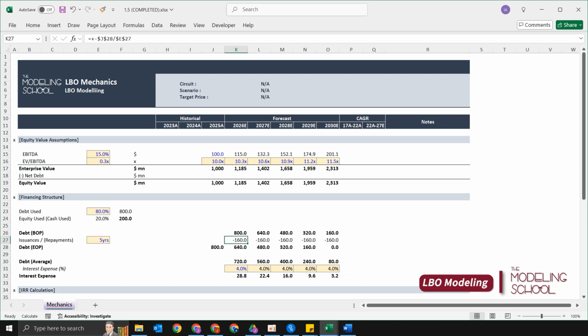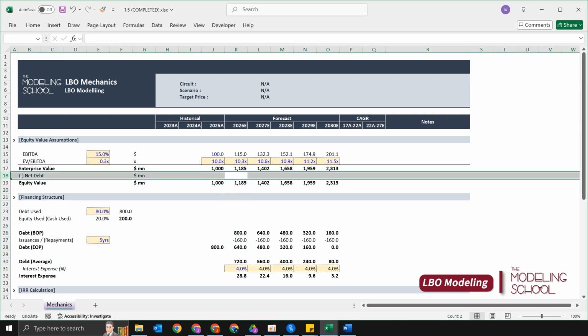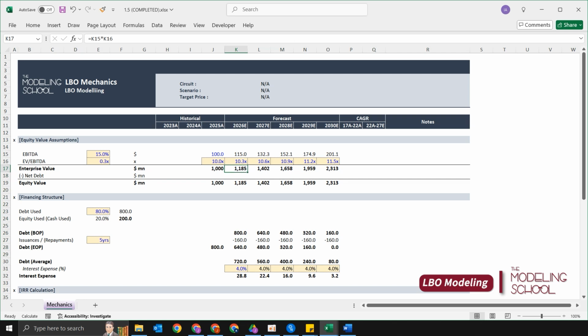And lastly, let's connect the net debt balances to our prior assumptions. We're assuming the company has no cash, so net debt equals just the ending balances of debt. So leverage does change.